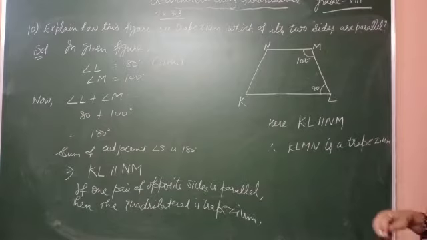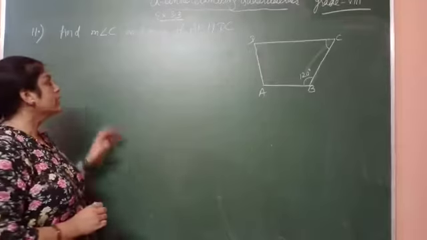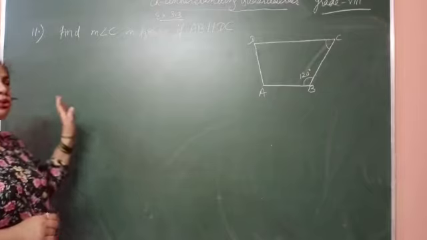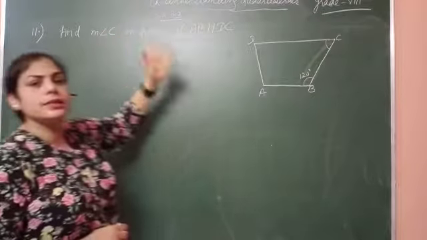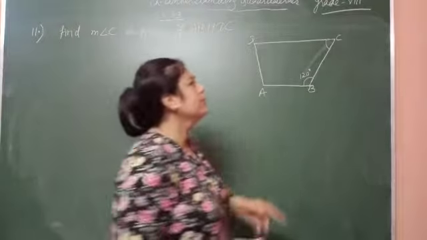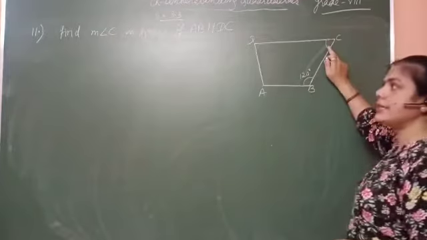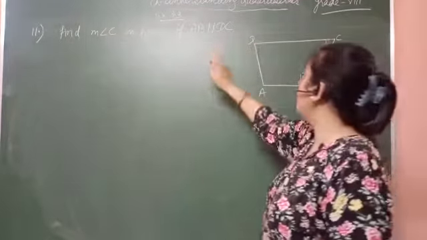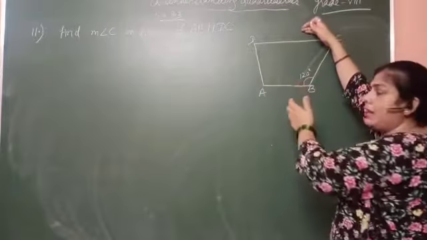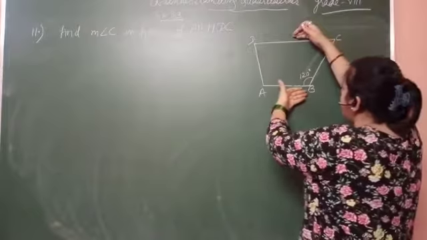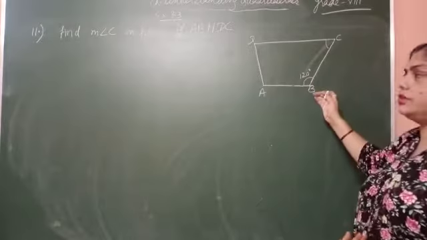Clear this thing? Now we will start our next question, 11. Find measure of angle C. अब हमें ये अंदर वाला angle C find out करना है. If AB is parallel to DC, if this pair is parallel, this is transversal.